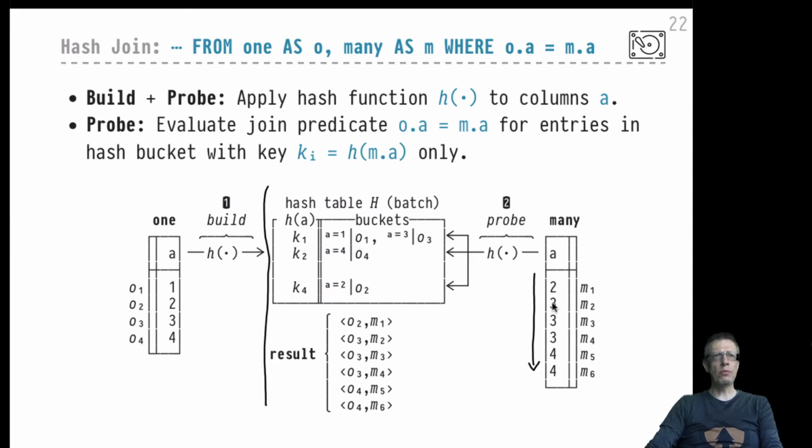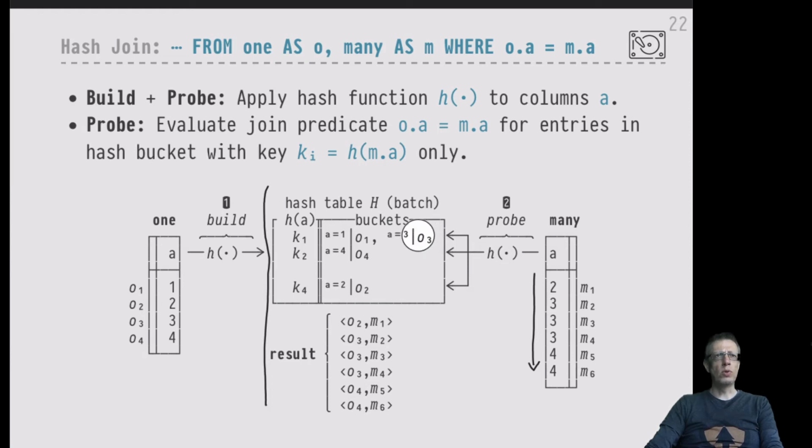So let's look at row M2 here. Its key value is A equals 3. Mapping that using the hash function will lead us to the hash bucket with key value K1. That bucket hosts 2 entries here, all right? So we will only check this one particular bucket, not the rest of the entire hash table H. Only this particular bucket will be checked whether we can find a join partner for row M2.